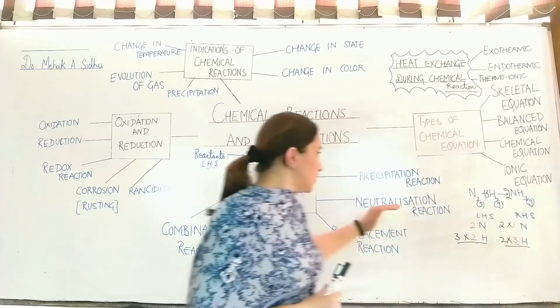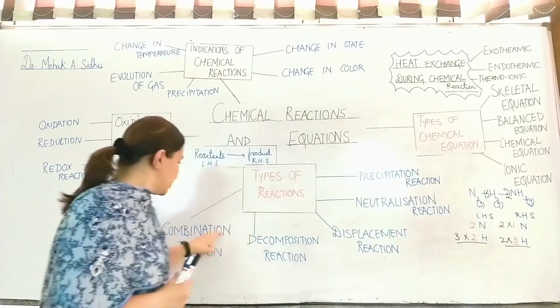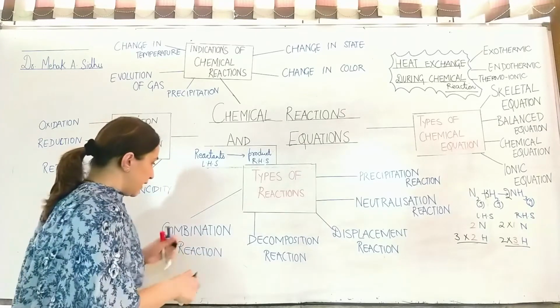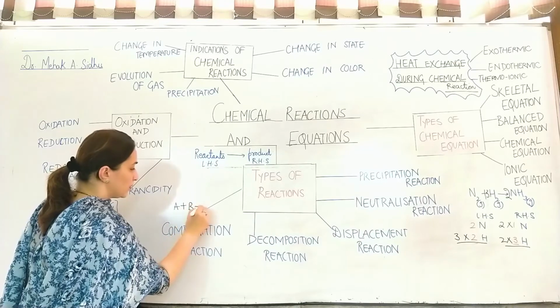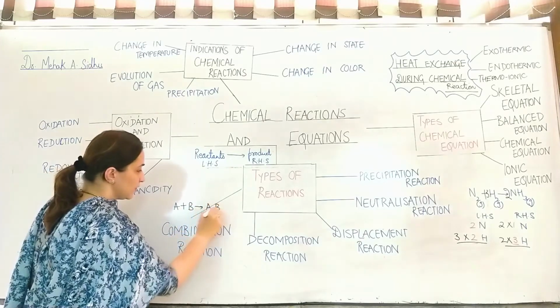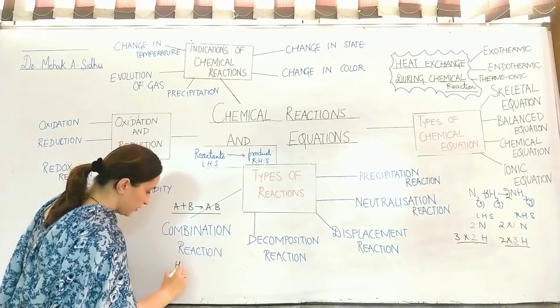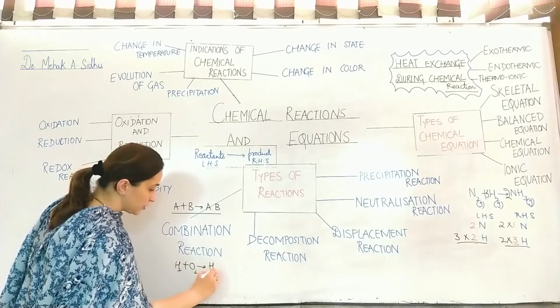Now coming to different types of chemical reaction. First of all, the first reaction is known as combination. Combination is very easy, as the elements simply combine to form a product. For example, formation of water. Water is formed by combining hydrogen and oxygen.